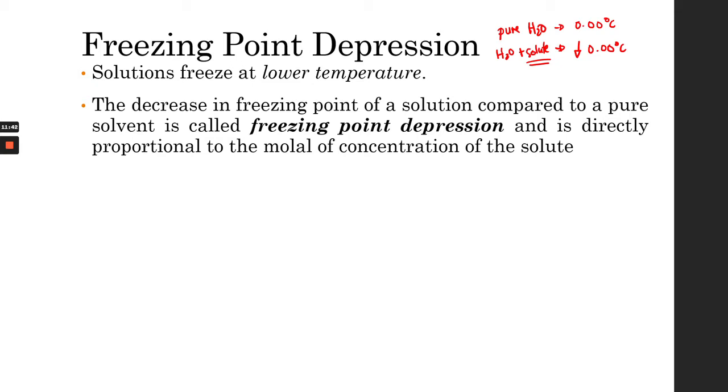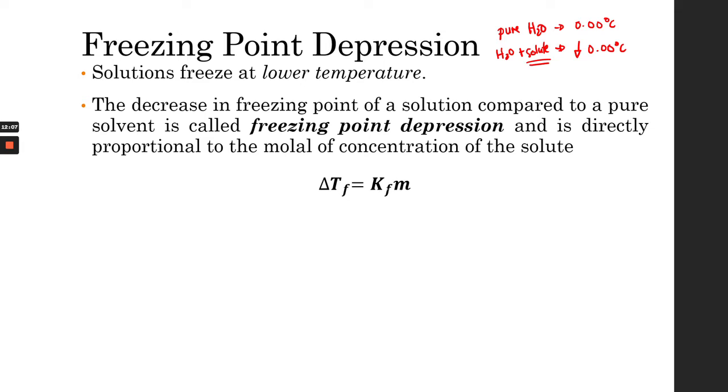And this freezing point depression is directly proportional to the molar concentration of solute. And this is the equation that we use to find how much temperature change do we need. Kung gaano kababa yung freezing point or kung gaano kalaki yung binaba ng freezing point ng solution.